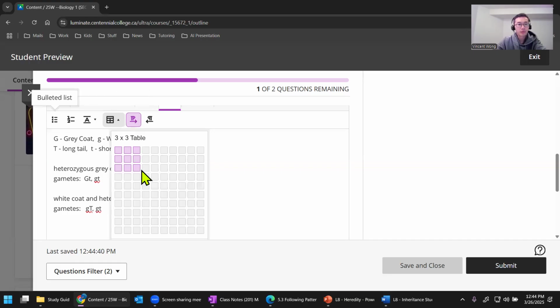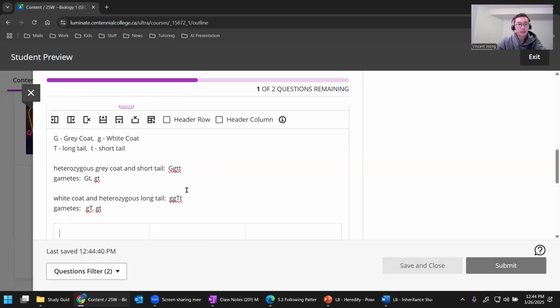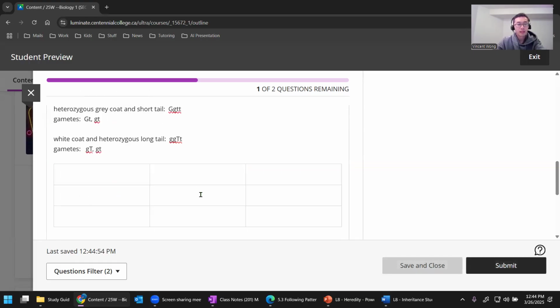So I'm going to create a 3 by 3 table. Then I'm going to fill in the gametes. Big G, small t. Please key it in carefully, making sure that you don't have the wrong case letter. And then you put them together.